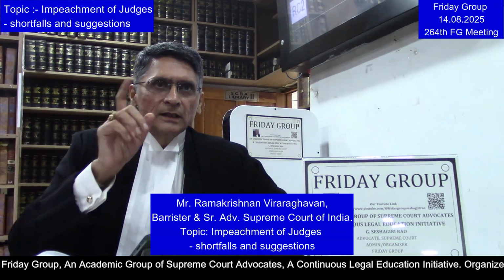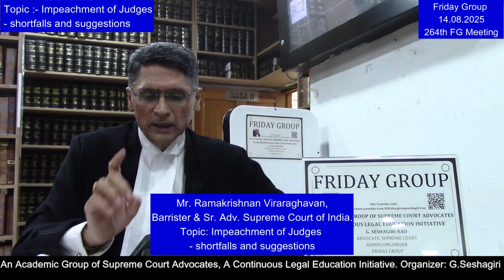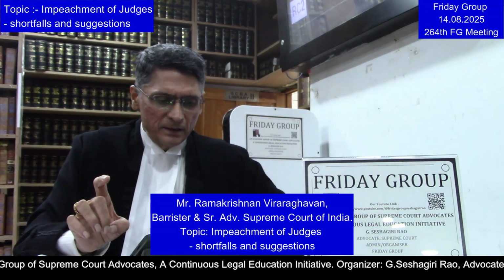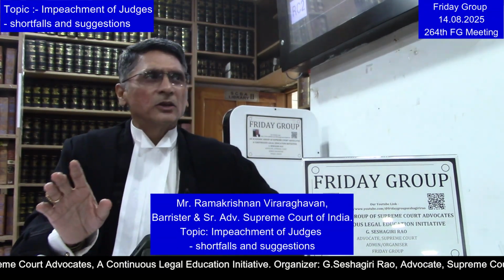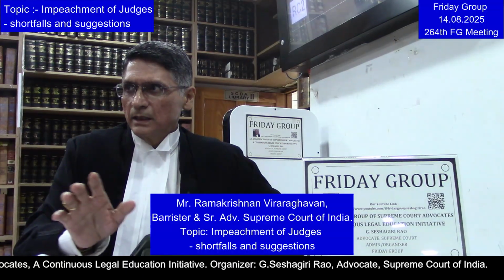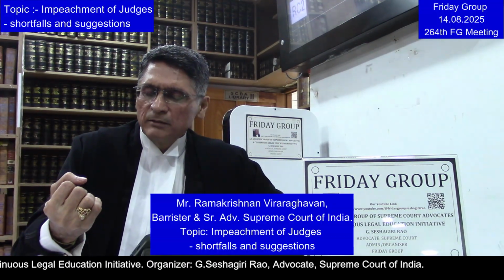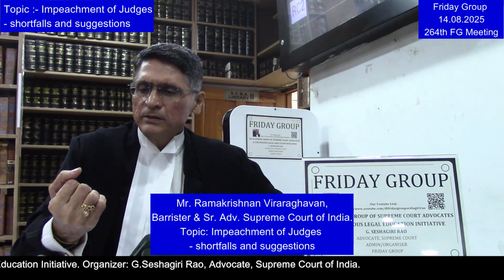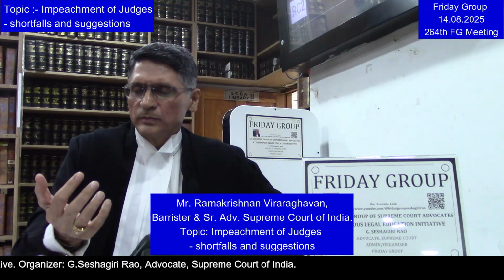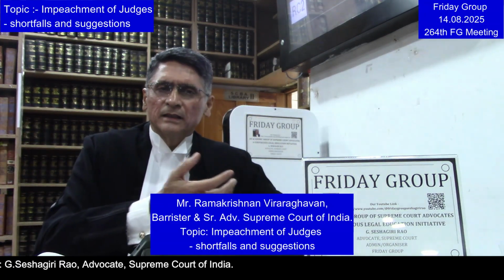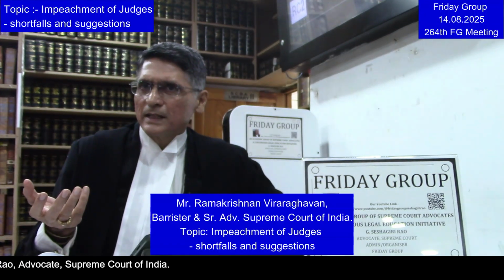But here you see, the choice is voluntary retirement, resignation, but not punishment, no punishment at all. Even impeachment by removal, it only means the person ceases to be a judge. It doesn't account for whatever has happened before.